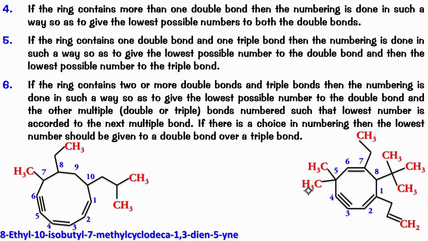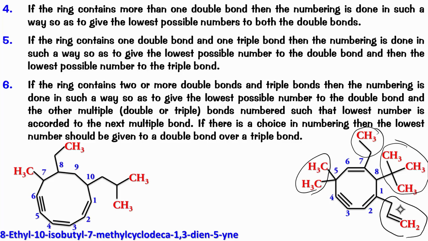You got 2 methyls. What is this guy? This is allyl. What about this fellow? You've studied this in alkanes. It's tert-butyl. What about this fellow? Ethyl. So alphabetical order.